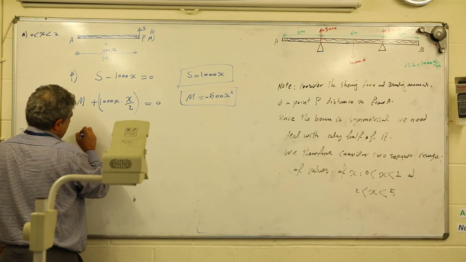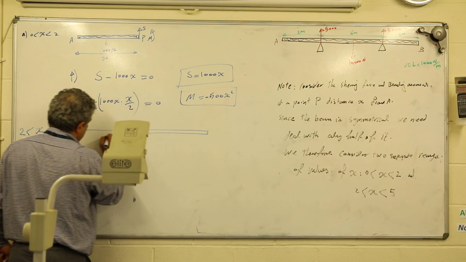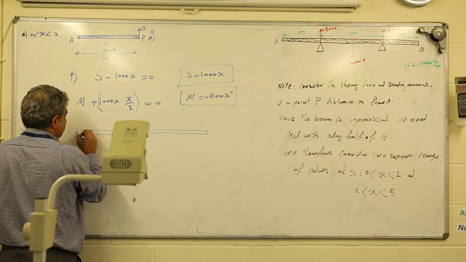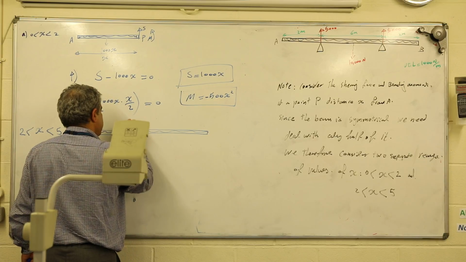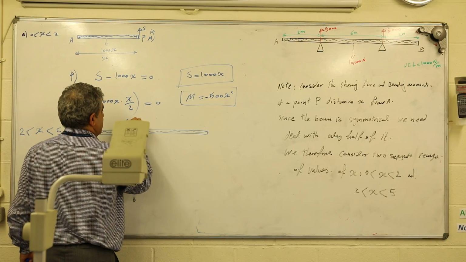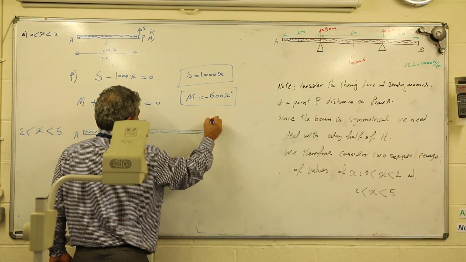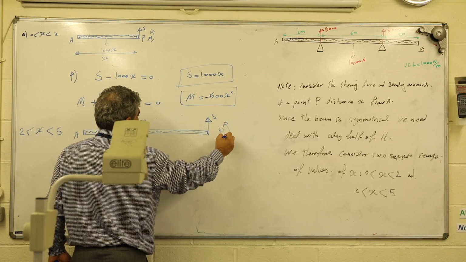And how am I gonna do that? Starting from A, there's gonna be a reaction here, which is 5,000. And that's gonna be a point of cut, S. P would be a moment here.